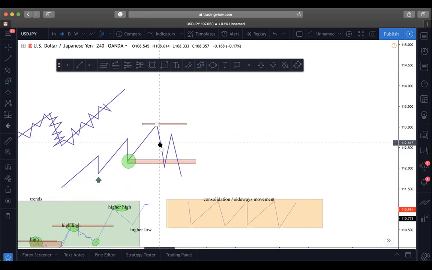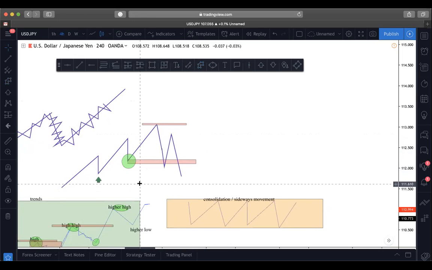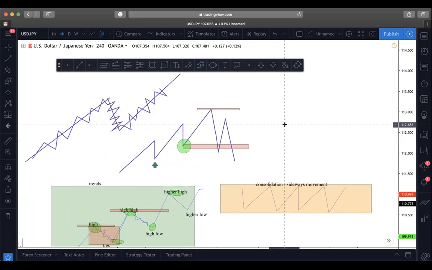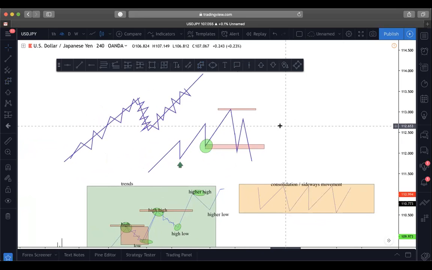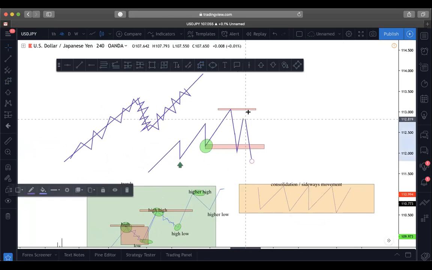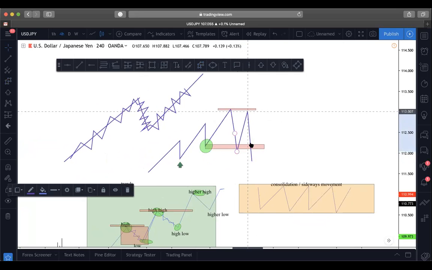Because the characteristics of a downtrend is not just a lower low. It's a lower high and a lower low, right? So that's basically a break of structure. That's basically a trend change, right? Sometimes the market could go sideways.